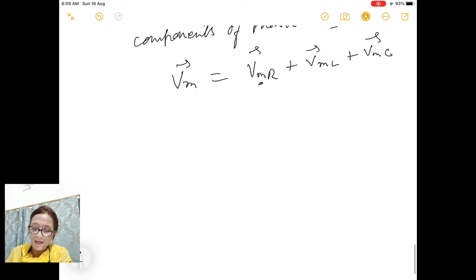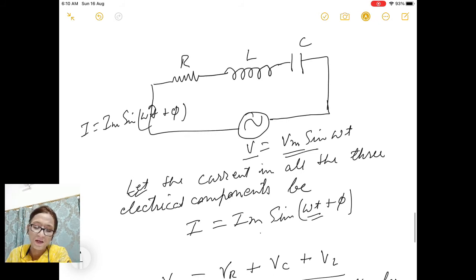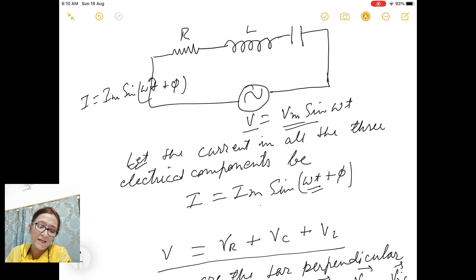Now we know that, let me draw the vector. Here current is same in all the components. So through R, through L and through C, the current will be same. Now we know that in a purely resistive circuit, current and instantaneous voltages are in phase.